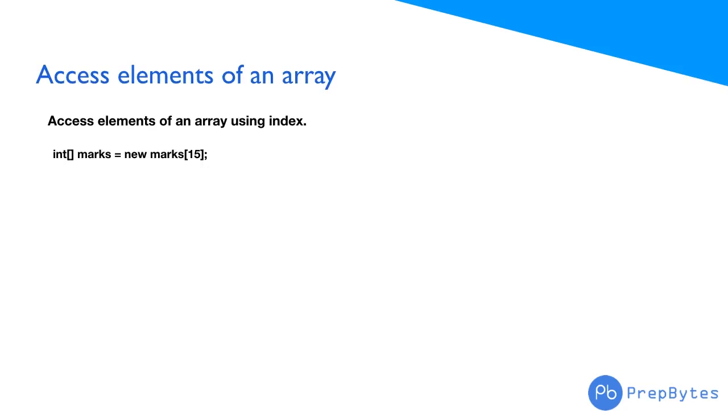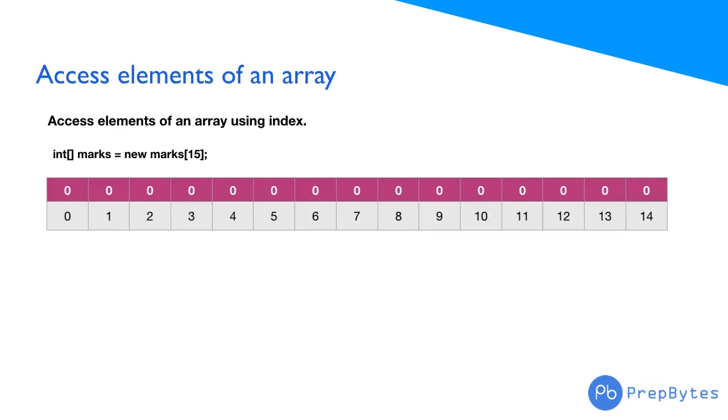Let's say I have created an array called marks. The marks will have 15 elements. This is how the array looks. The one with the purple color is the value of the array. Now you must be thinking, why do all of these have the value 0?